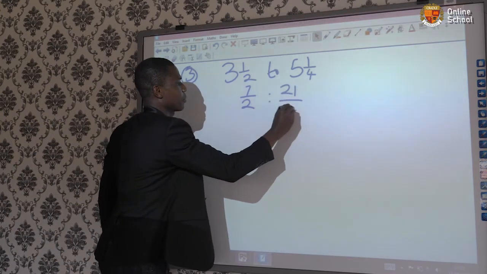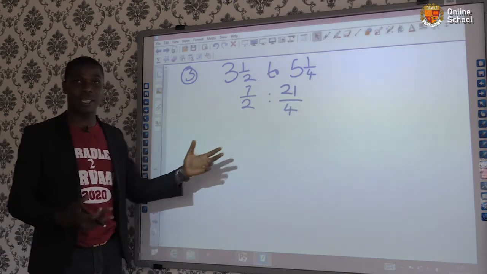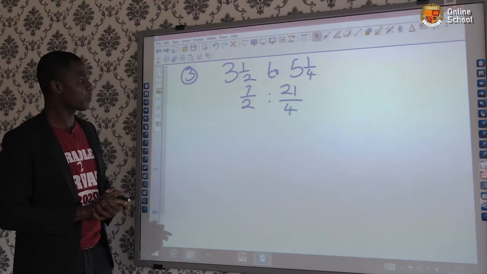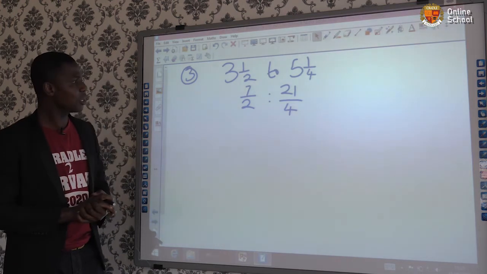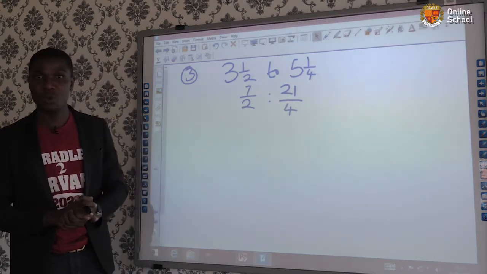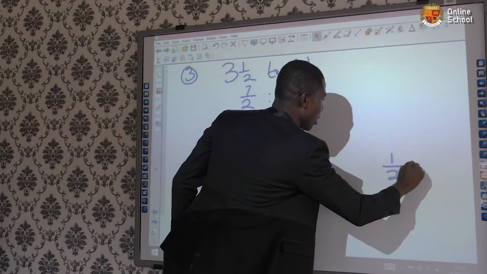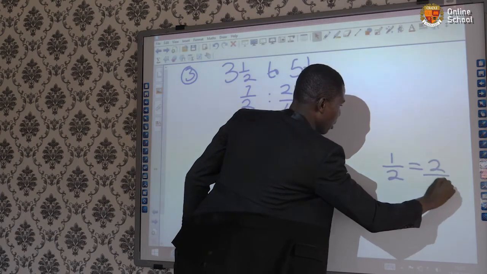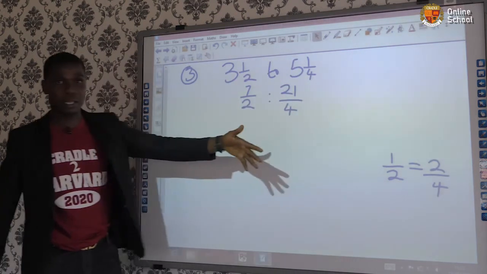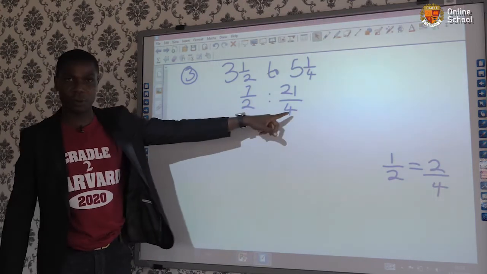21 over 4. What do we do? Well, if you are faced with this kind of challenge, what do you do? These are fractions, isn't it? Do you remember what equivalent fraction is? Do you recall that you have something like this? 1 over 2 is equivalent to 2 over 4, and so on and so forth, isn't it? Look at their base. This is 2, this is 4.